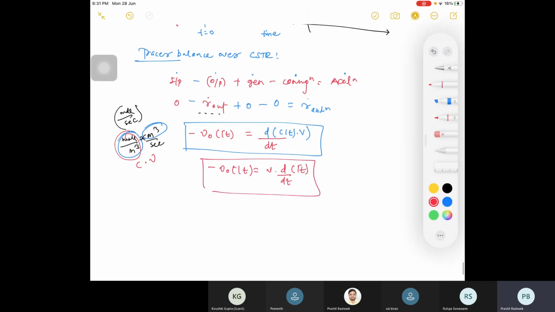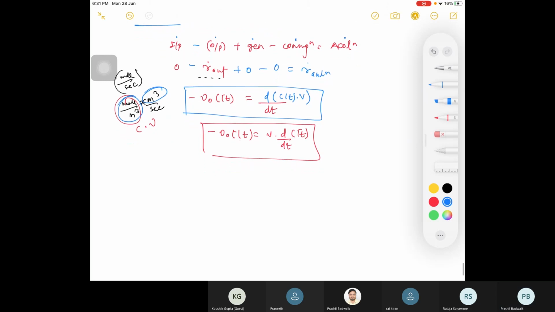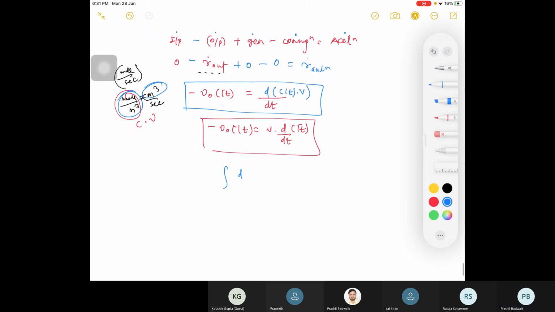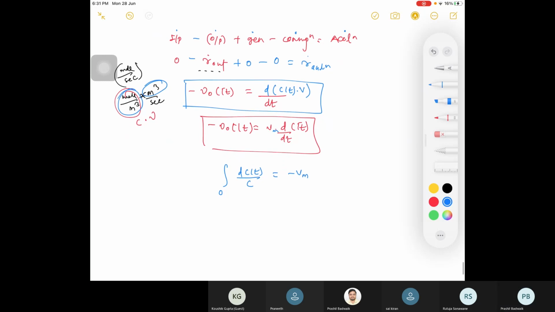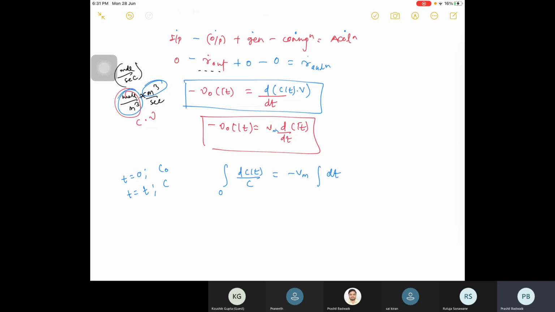Please separate it and integrate. You will get dC(t) divided by C, 0 to some value, and this is your minus of volume of MFR integration dt. So at time t is equal to 0, concentration is C naught, and at time t is equal to t, you will have concentration that is C(t).